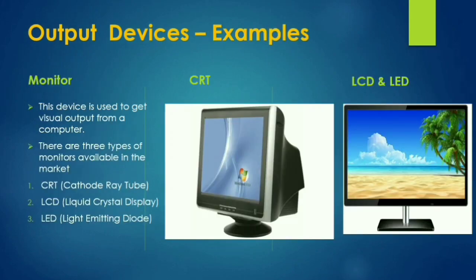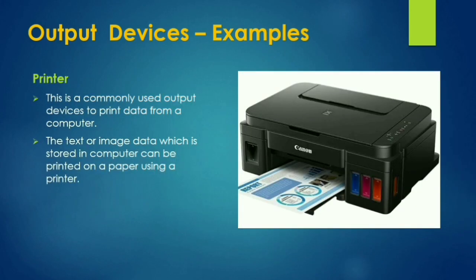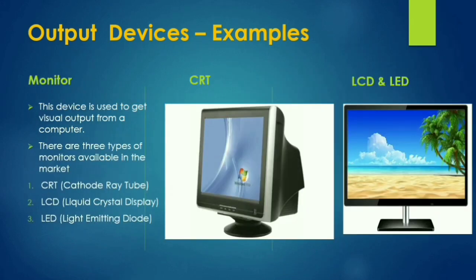The first and foremost example for output device is a monitor. Yes, this device is used to get visual output from a computer. There are three types of monitors available in the market. Yes, we have seen all these types of devices. Yes, the first one is CRT.